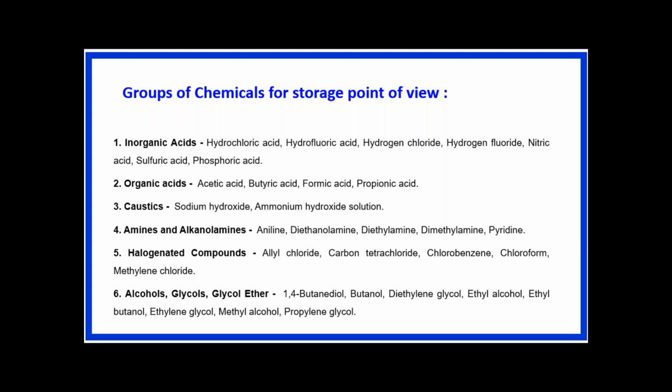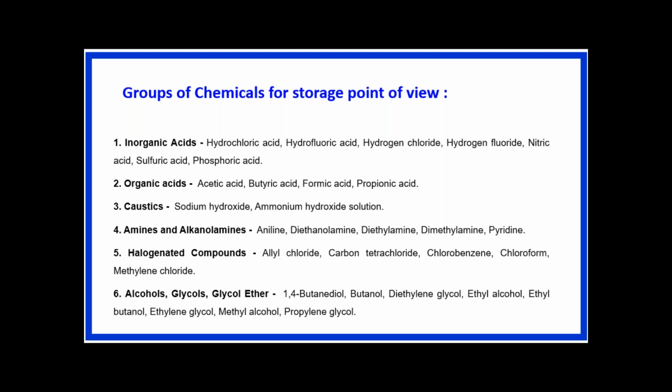If you observe the different classes in the MSIHC Rules 1989 for hazardous chemicals, or the classification of chemicals under the UN, there are 9 classes, and there are other classifications too. Depending on the characteristics of these chemicals, we have to classify them. But for chemical compatibility, we have to discuss the groups of chemicals from the storage point of view only.